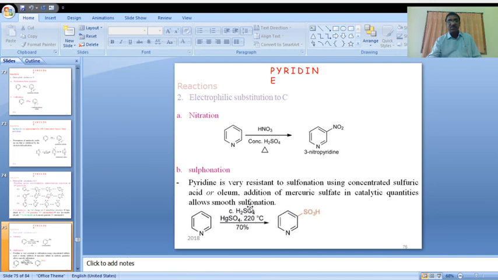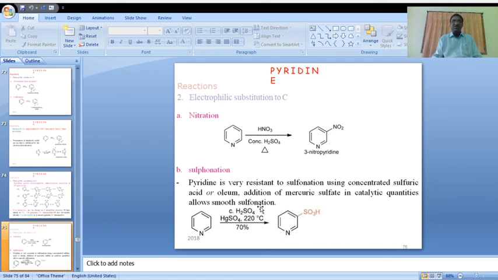Generally, from this H2SO4, it cleaves to produce the SO3H electrophile. That SO3H electrophile attacks the third position. We will get third substituted pyridine.